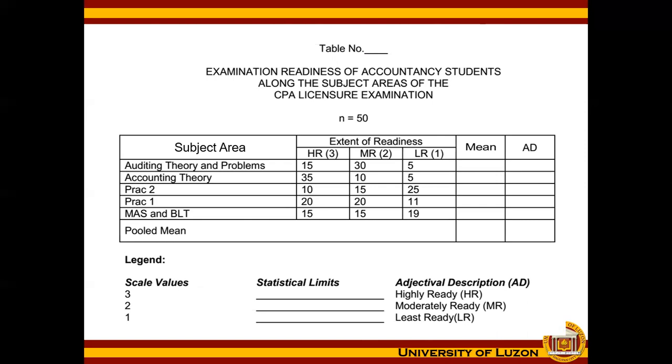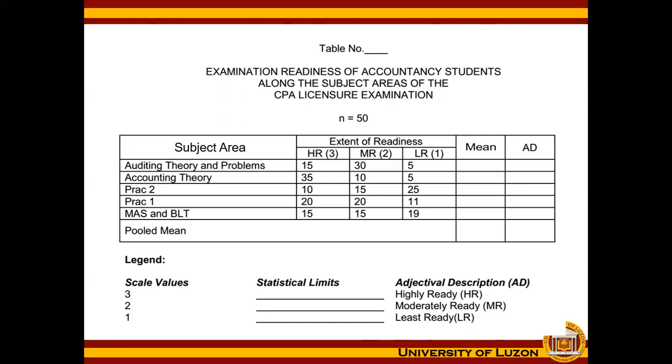So the stubs now will comprise the different numerical data that you will need to reflect on the table. So for the first column under subject area are the subjects. And then for the second column, which is subdivided into three sub columns, one for HR, another for MR, and LR.